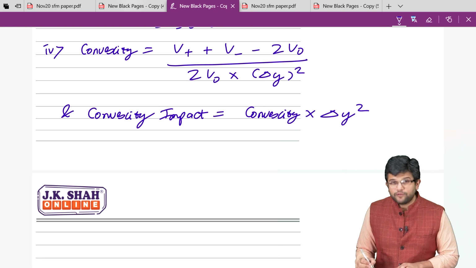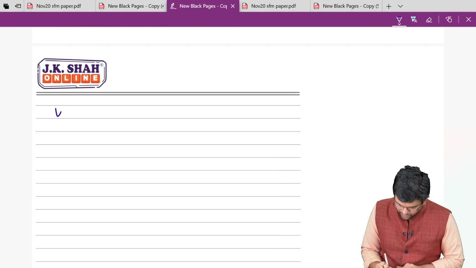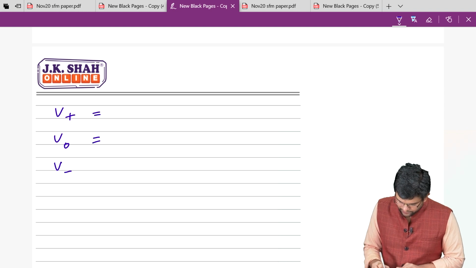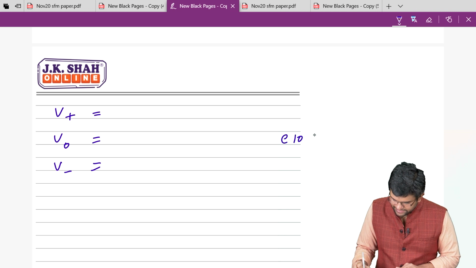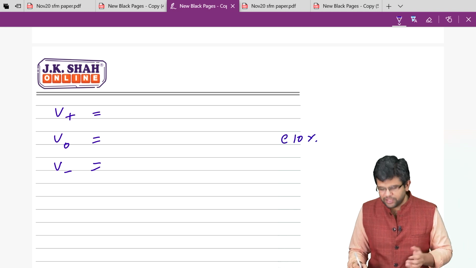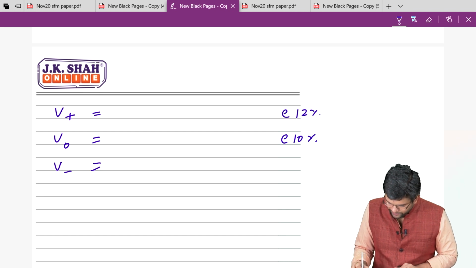Can we start? For that we will require V plus, V0 and V minus. We all know V0 is at the rate 10%, that is the base YTM. For V plus, 2% is the change, so it will be at the rate 12%, and V minus will be at the rate 8%, 2% less.